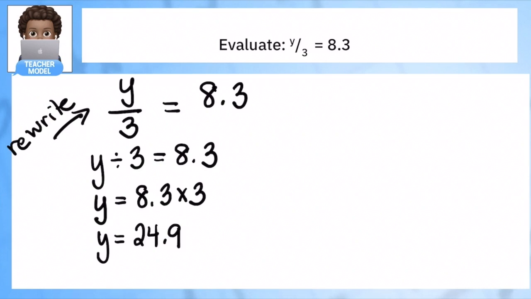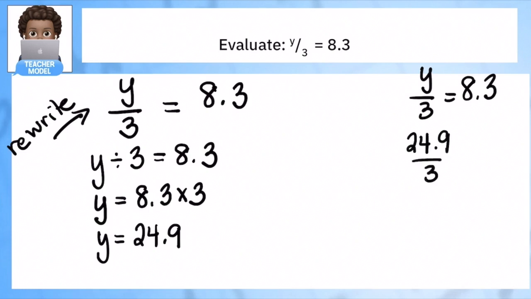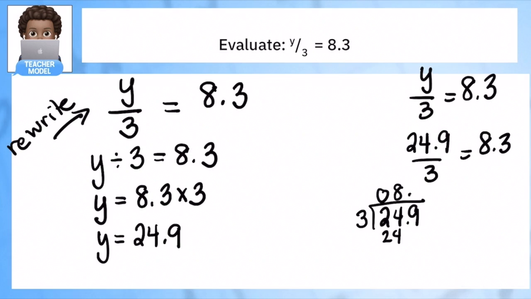And we can test this out. So a number divided by 3 is equal to 8 3/10. 24 9/10 divided by 3 is equal to 8 3/10. And you could actually just test out. 3 goes into 24 8 times. 3 goes into 9 3 times.